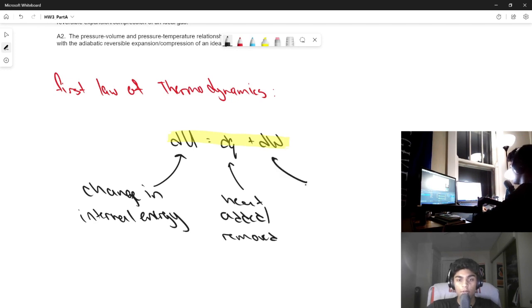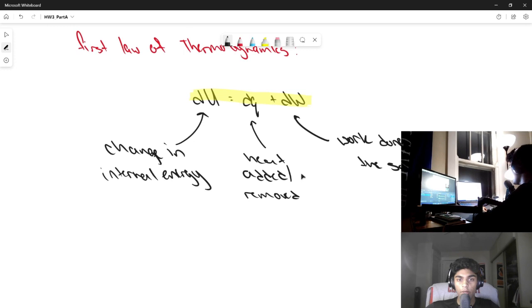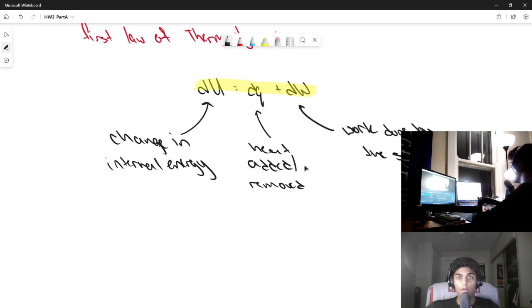And we have this component which is the work done by the system. So let's go ahead and try and substitute in some simplifications here.